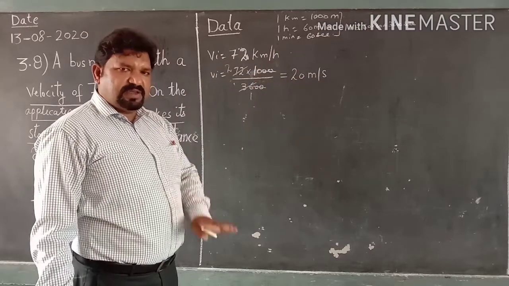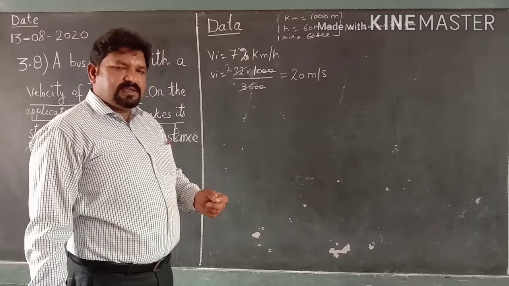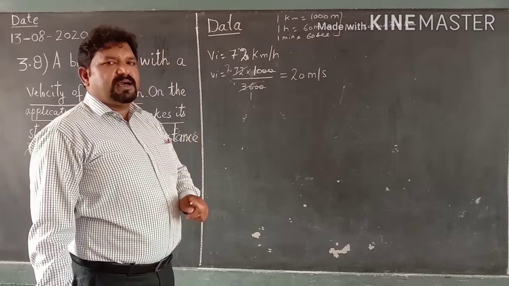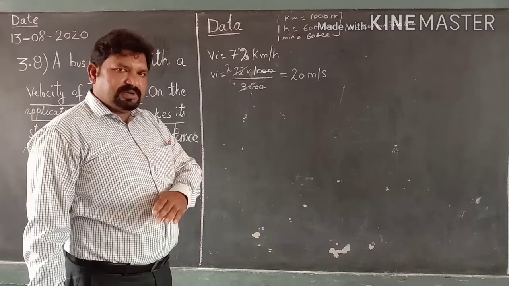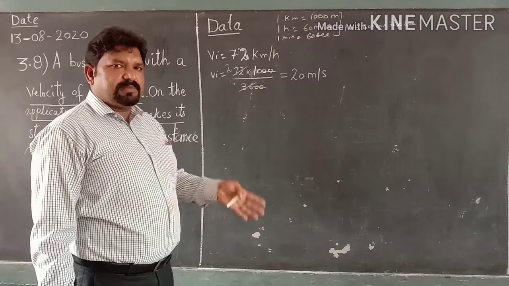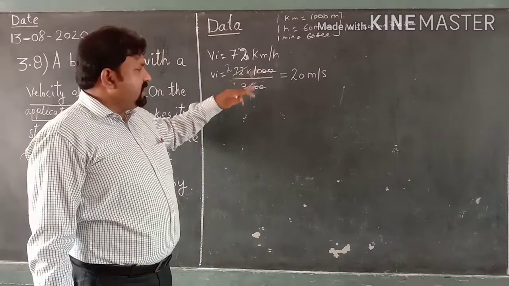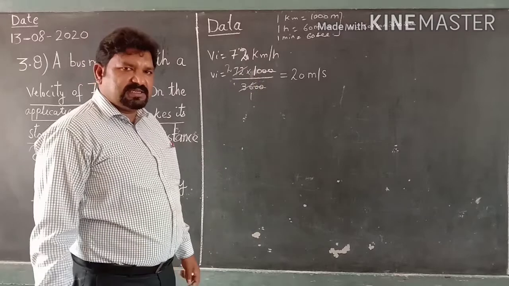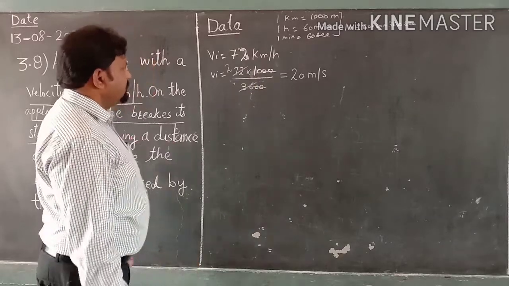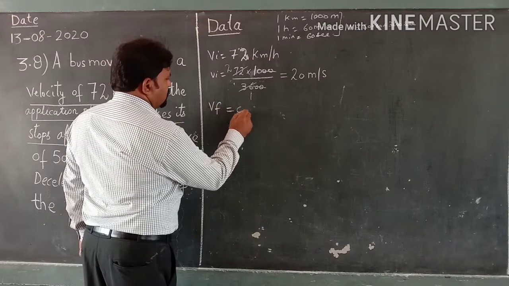So please always remember, when any velocity is given in kilometer per hour, first change it into meter per second. How can you change into meter per second? By multiplying by 1000 and dividing by 3600. So now the final velocity is equal to 0.